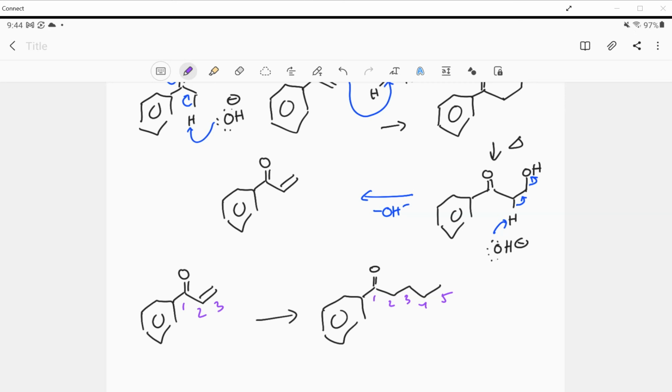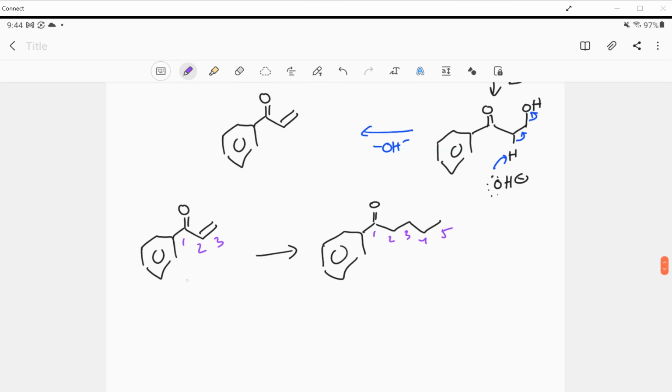Could you do ethyl MgBr? Not that one, but you're very close. Ethyl MgBr would attack the carbonyl, right? Because a Grignard is not a Michael donor. But what is a Michael donor? Gilman? Gilman, right.